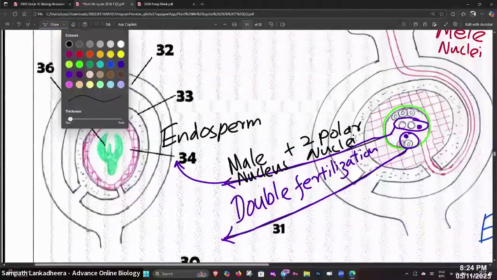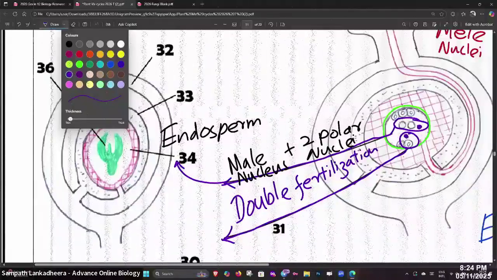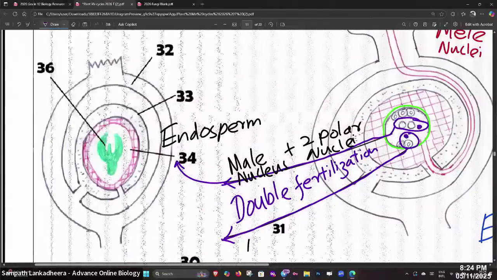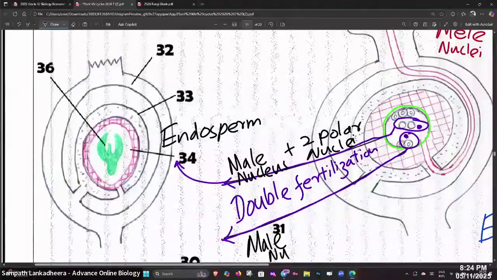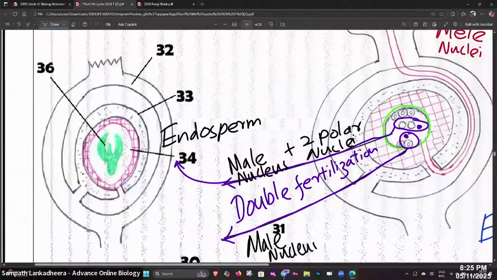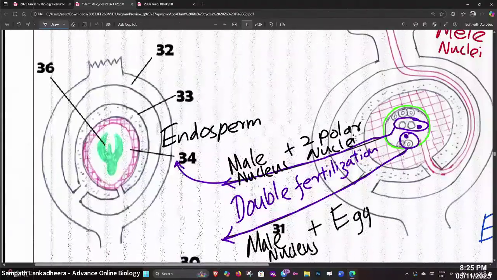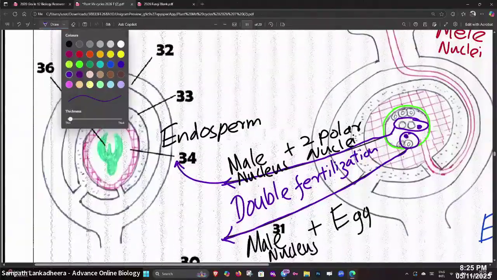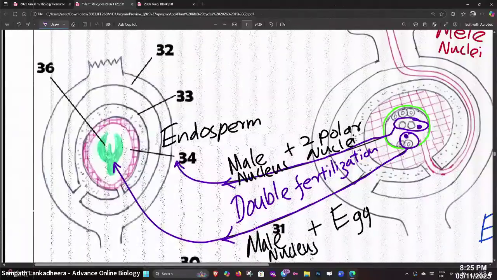And then, people, when the next event occurs, what is that? Male nucleus plus the egg. What does that form? That forms number 36.